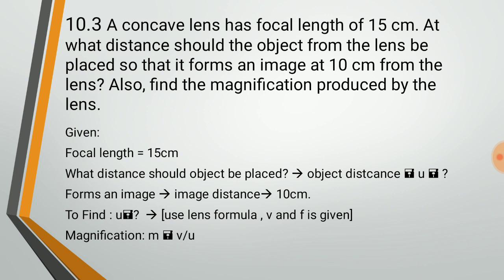Since it is a concave lens, both the image and the object will be on the same left hand side of the lens. So u, v and also f should be considered as negative. If you use the formula, you will find out u, and from that you can find the value of m, which is equal to v by u.